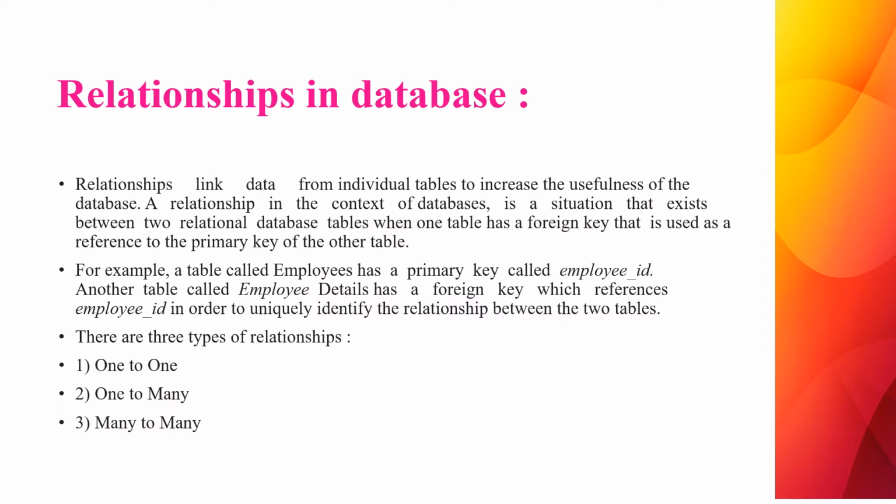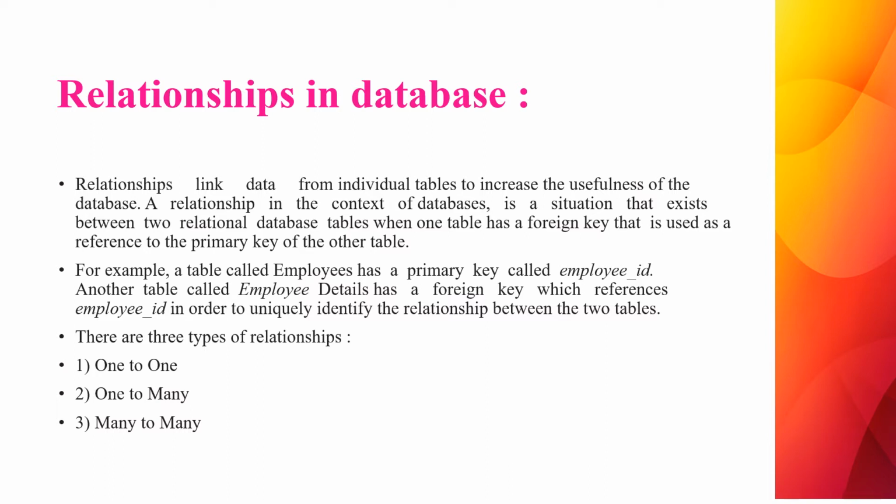For example, a table called employee has a primary key called employee ID. Another table called employee details has a foreign key which references employee ID in order to uniquely identify the relationship between the two tables. Here, when the primary key is related to the foreign key of another table, it forms a relationship.